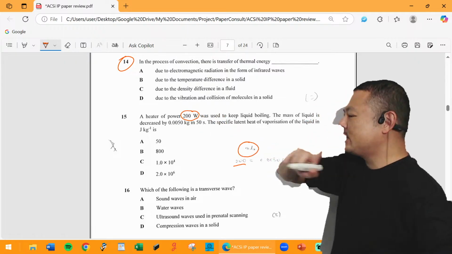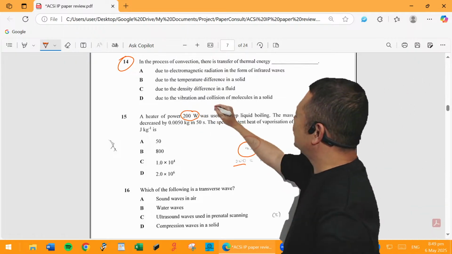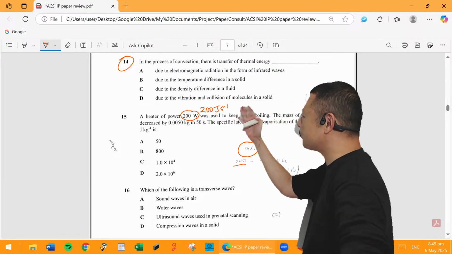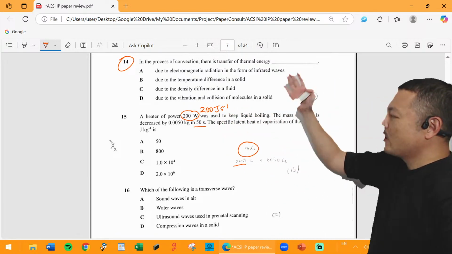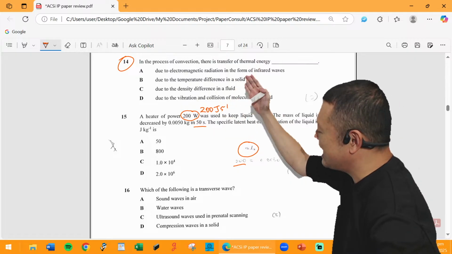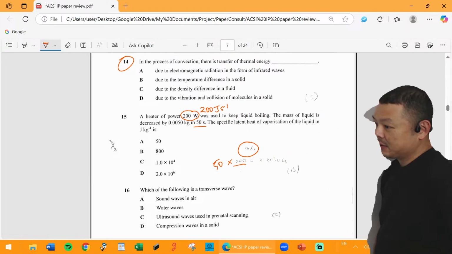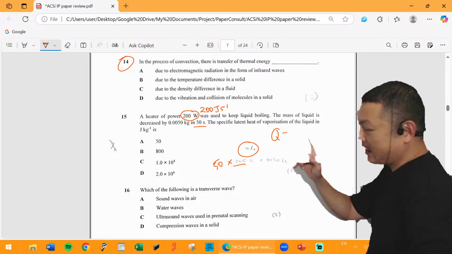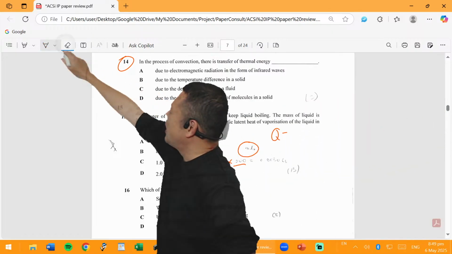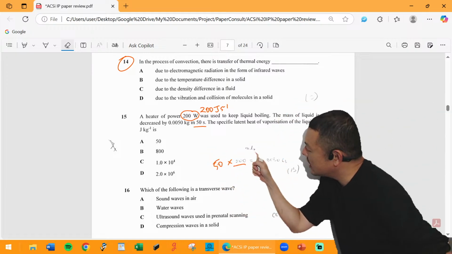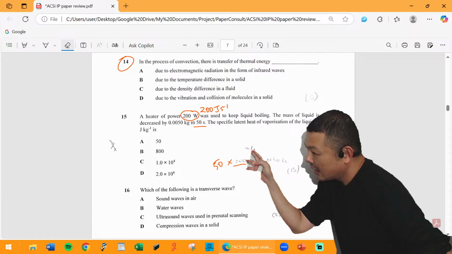Your work, energy, power confirm got problem. 200 watts, please write down as 200 joules per second. 200 joules per second for 50 seconds. What's the total energy supplied in the 50 seconds? 200 times 50. You only put 200 there. They're going to make this guy a case study. Do you see this equation here? You wrote only the back half of the equation.